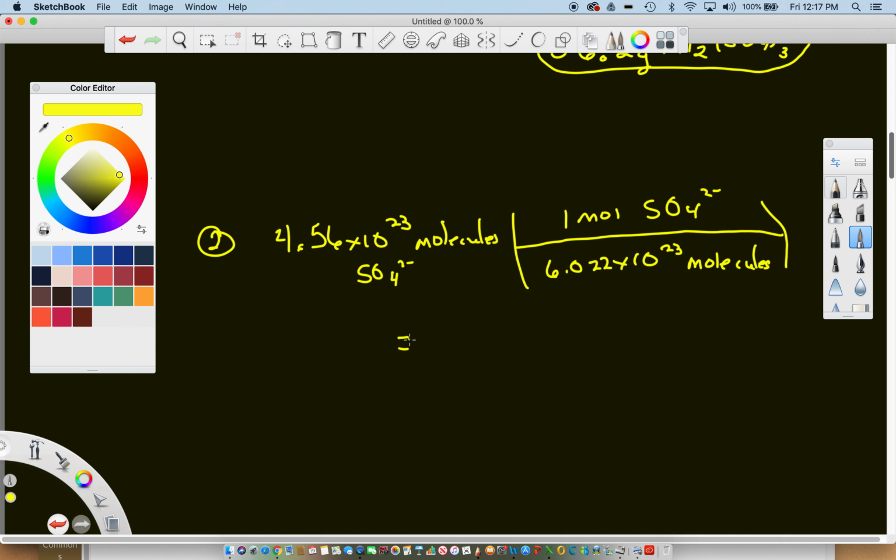And I get 0.757 moles of the sulfate. So we got 0.757 moles of sulfate.